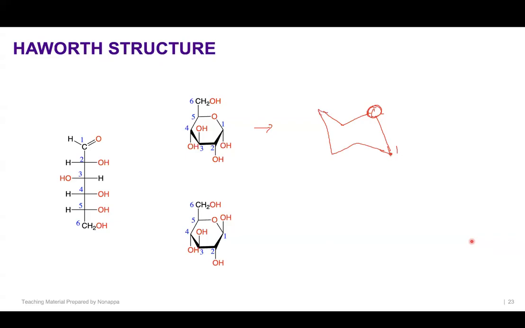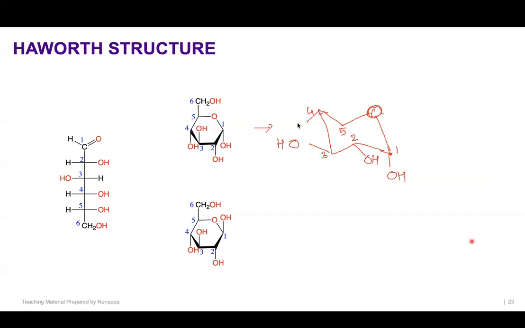Here is carbon number 1, carbon number 2, 3, 4, and 5. Now we know that this hydroxyl group is at the bottom, so we write it at the bottom. This hydroxyl group is also at the bottom, we write like this. This hydroxyl group is up, so we write it up. This hydroxyl group is at the bottom.